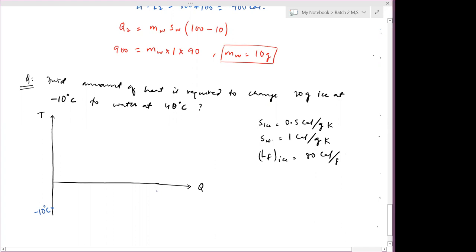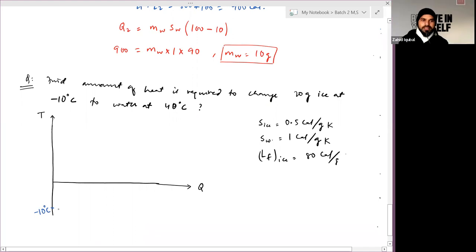Initially, on heating, it will change its temperature from minus 10 degrees Celsius to 0 degrees Celsius. This will be termed as specific heat, which may be calculated as mass of ice, specific heat capacity of ice, and change in temperature, which is just 10 degrees Celsius.